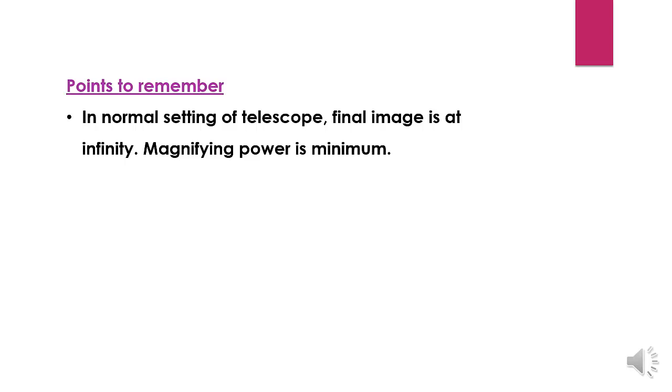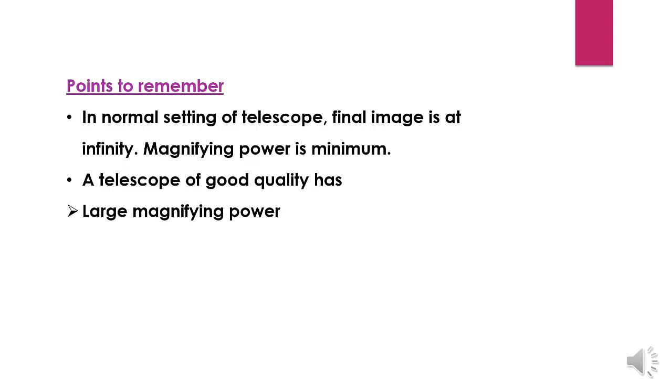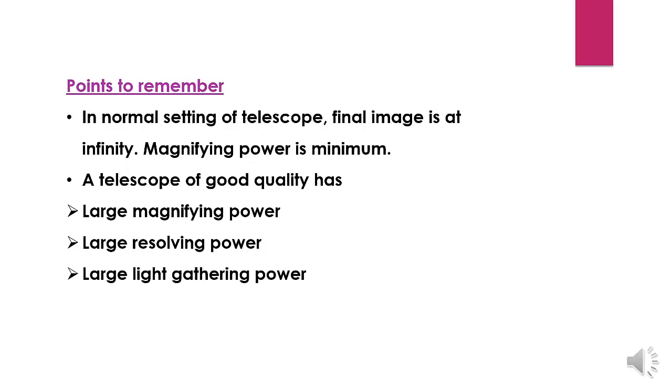At that time it is minimum magnifying power, but it is maximum at the least distance of distinct vision. To get a good quality telescope, we should use one having large magnifying power, large resolving power, large light gathering power. All these are the good qualities of a telescope. The magnifying power of a Cassegrainian telescope is R by 2, the whole divided by Fe.